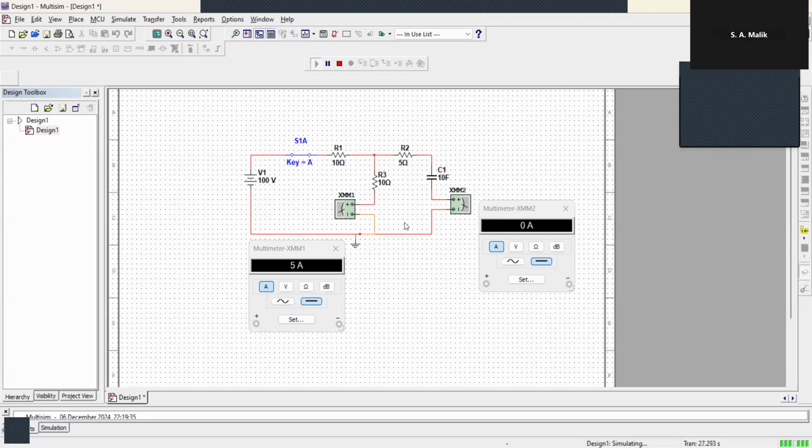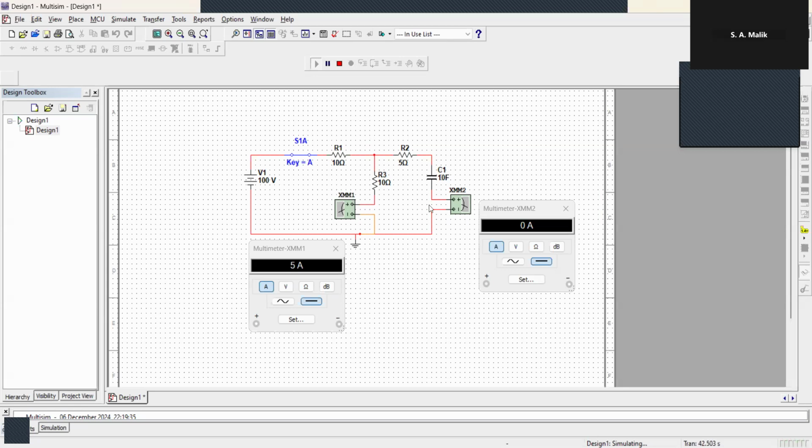Let's observe these points. As I open the switch, no current can flow through this, so the capacitor current will go like this. It will flow through this 10 ohm, 10 farad capacitor, through this 5 ohm resistor and this 10 ohm resistor. In other words, capacitor current and this R3 current are negative of each other.